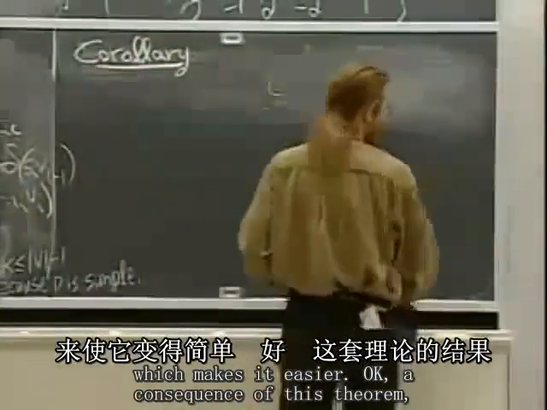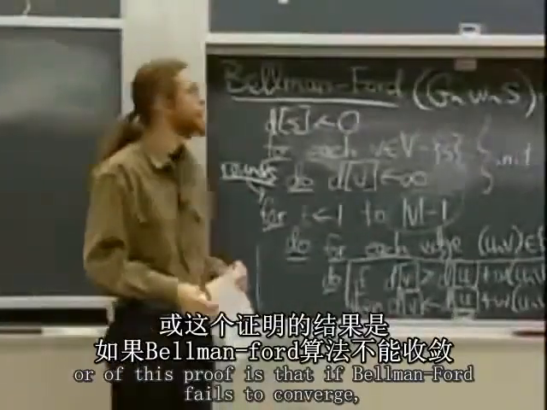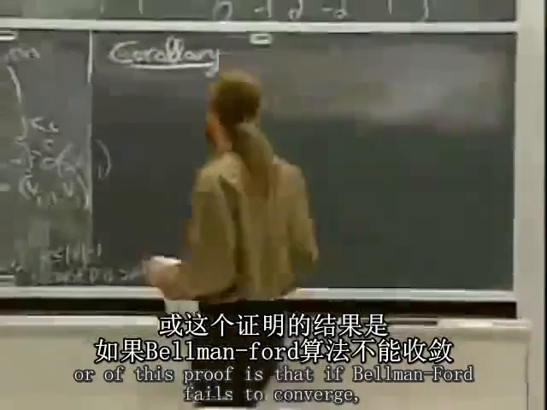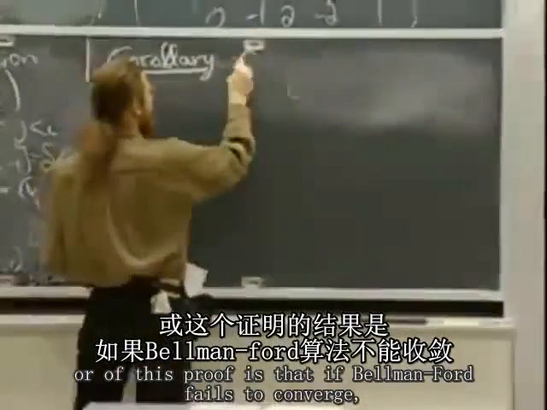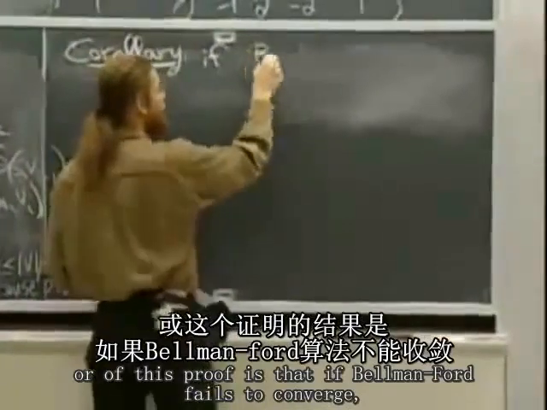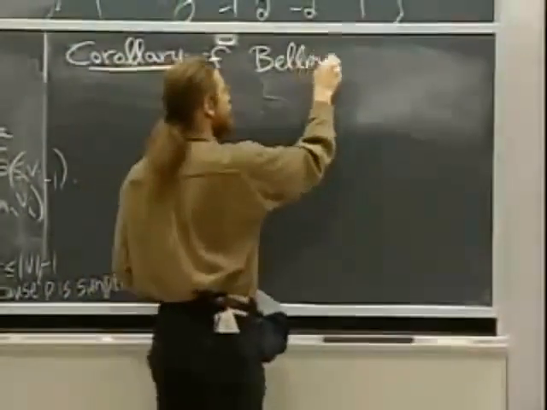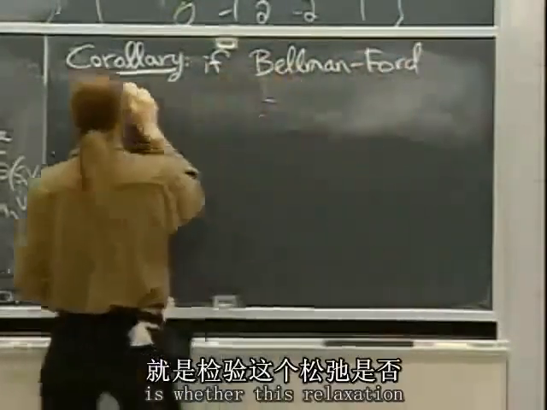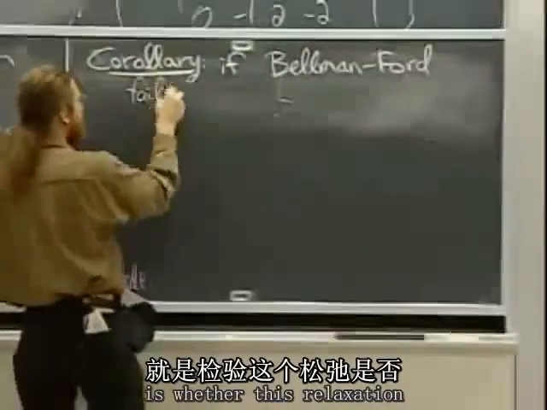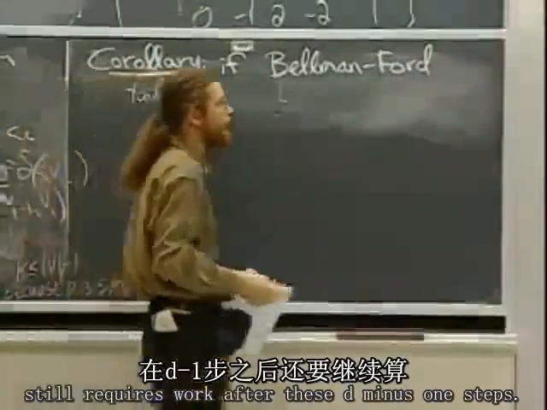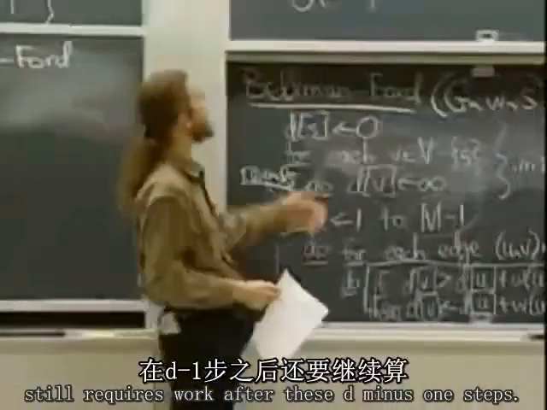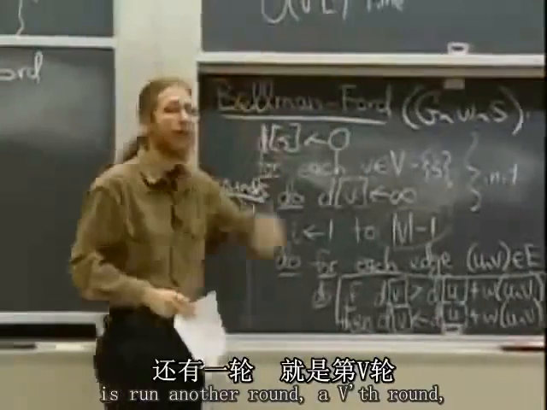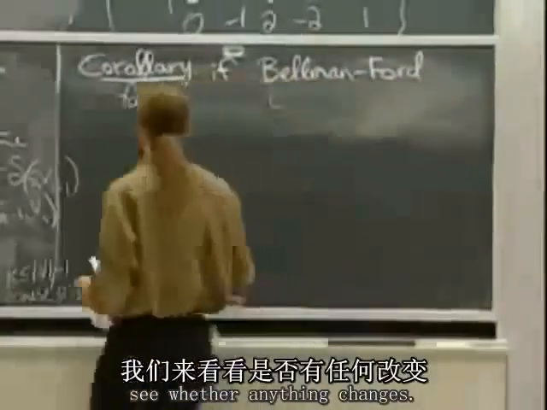Okay, a consequence of this theorem, or of this proof, is that if Bellman-Ford fails to converge, and that's what the algorithm is checking, is whether this relaxation still requires work after these v minus 1 steps, right? The end of the algorithm is run another round, a vth round, see whether anything changes.